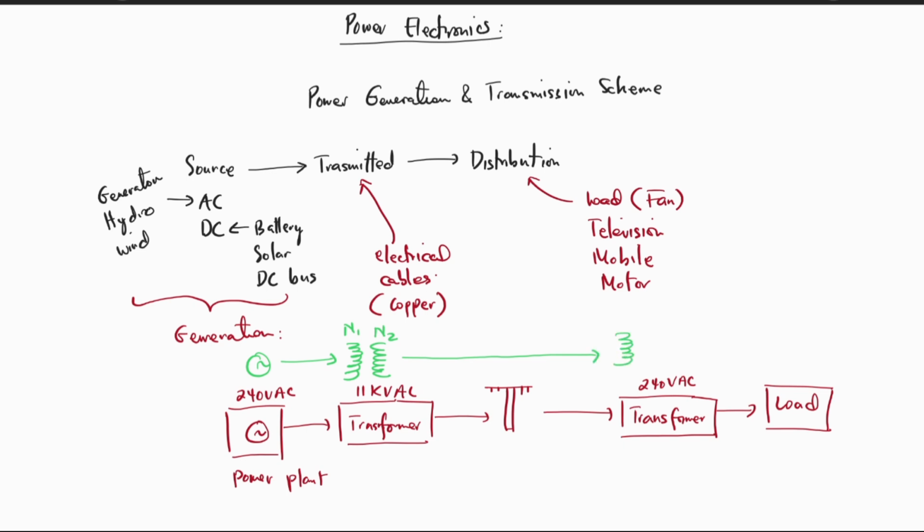And this transformer will step down the high voltage into a low voltage, and it has a primary side with N1, which represents the number of turns of the coil, and we have N2, which represents the secondary side of the transformer. And now we have again our 240 volts AC, which can be used.